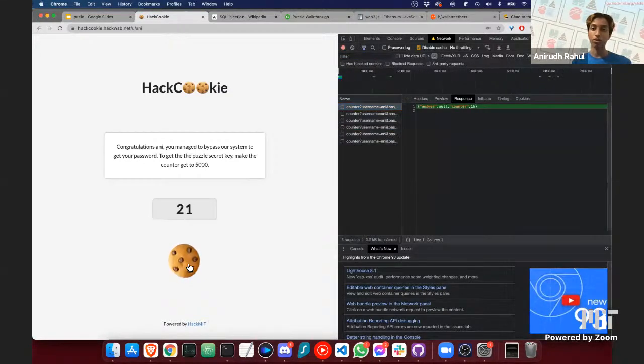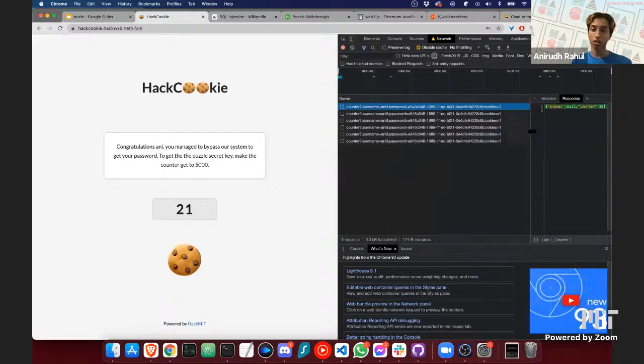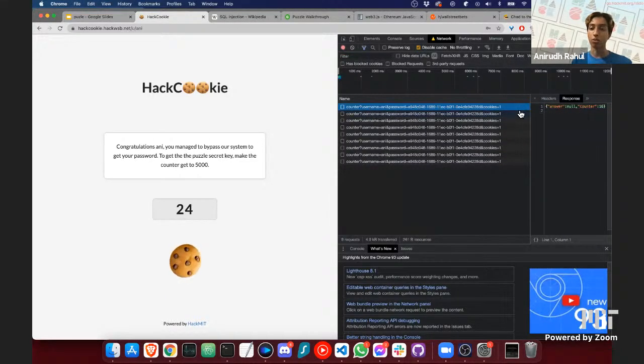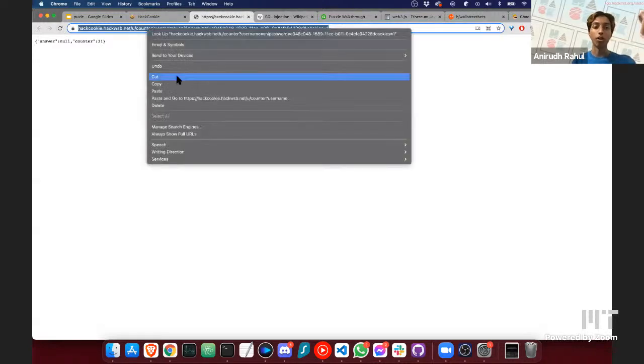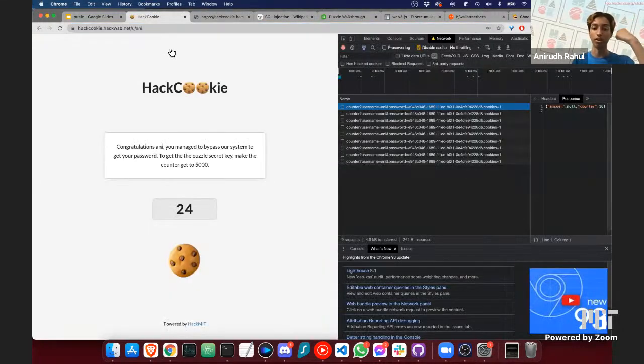And you can see that every time you click the cookie, you're basically sending this post request to our server. And you can also do this through your browser. So if I just repeatedly send this GET request over and over again, every time my counter will go up by one. And one way to automate this is through the fetch API in your console.